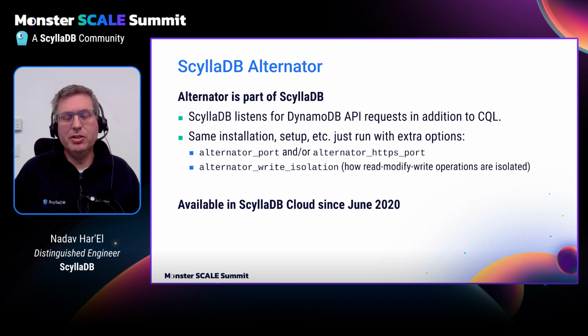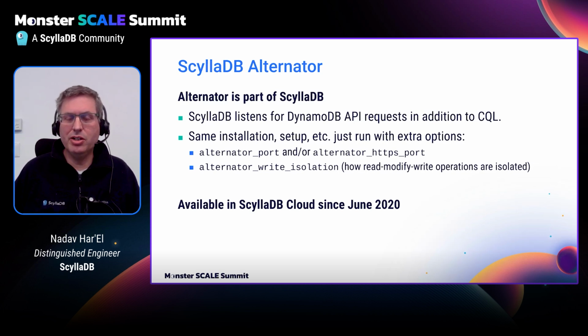So Alternator is not a separate product from ScyllaDB. It's the same product. Just ScyllaDB now also listens for DynamoDB API requests. So those are HTTP or HTTPS requests with JSON payloads, and Scylla listens to them in addition to the CQL requests. And it's the same installation, the same setup.